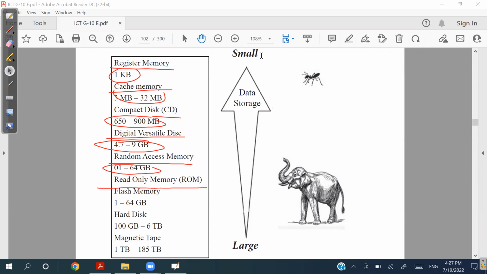They have mentioned the ROM without any capacity because ROM ranges from very small to bigger sizes, so they have placed it here. Then the flash memories, hard disks, and the magnetic tape. That is the way the storage capacity increases from the smallest unit to the biggest.